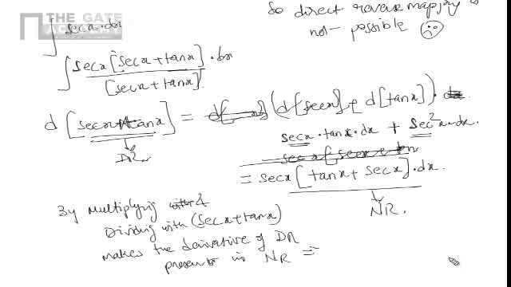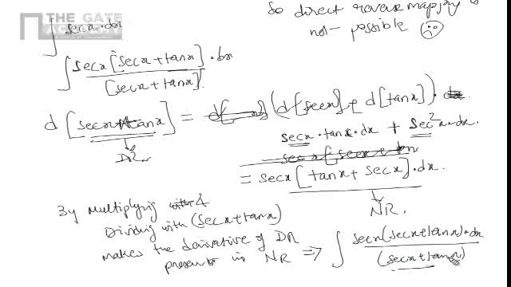This means I have the integral of sec x into sec x plus tan x dx by secant x plus tan x. The derivative of the denominator is here.